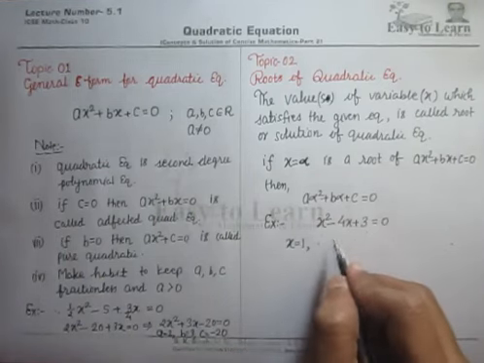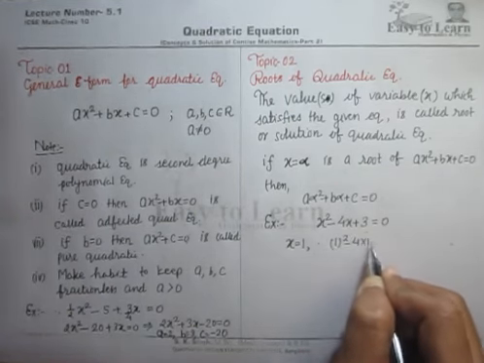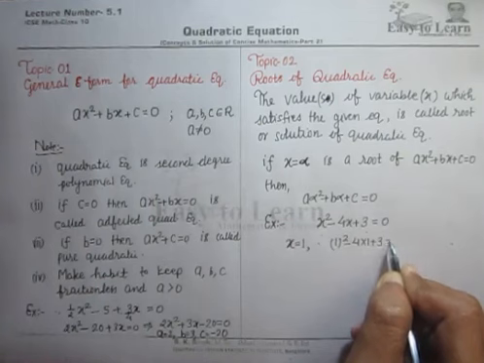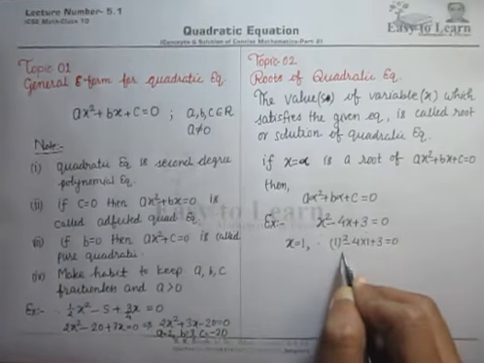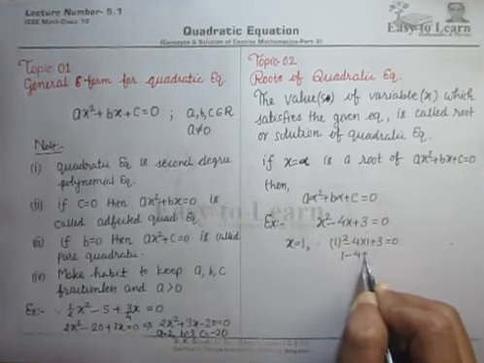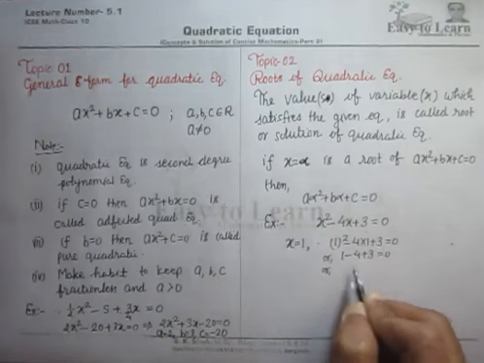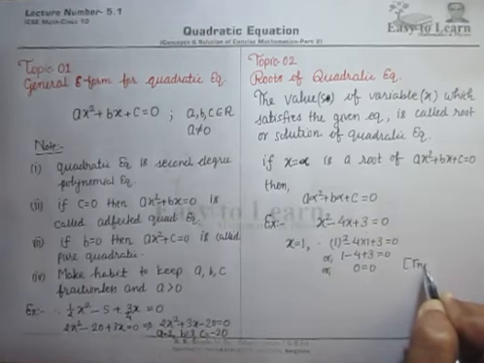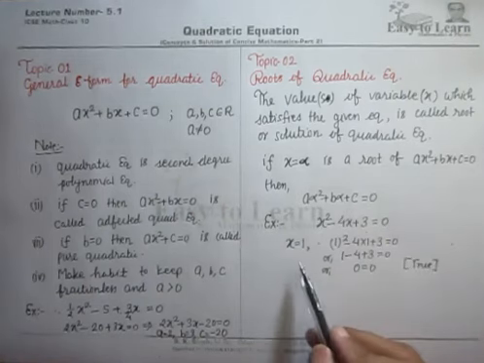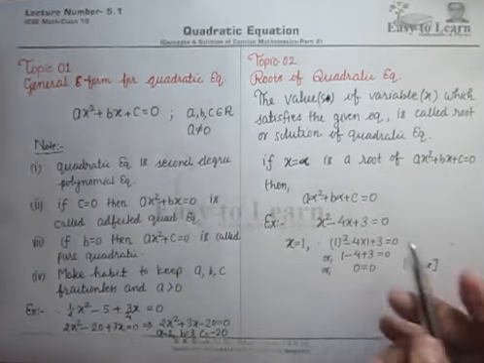In place of x substitute 1. So 1 square minus 4 into 1 plus 3, it must be 0. Let us check whether these two are equal or not. 1 minus 4 plus 3 equal to 0, or 1 plus 3 is 4, 4 minus 4 is 0, equal to 0. So it is true. It means x equal to 1 is one of the roots of this quadratic equation.